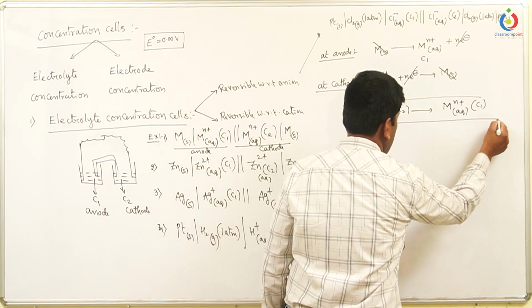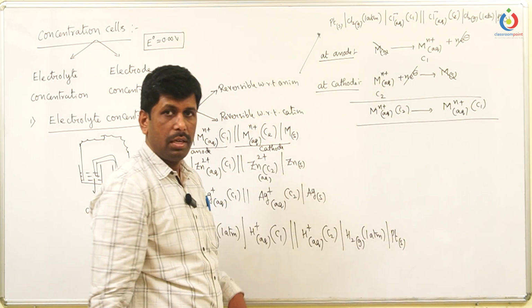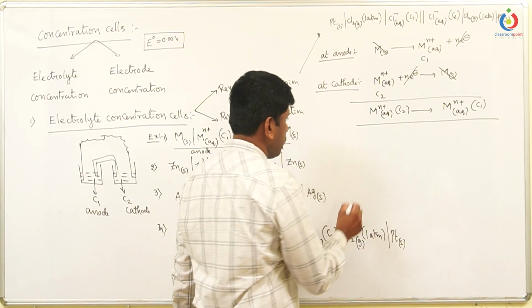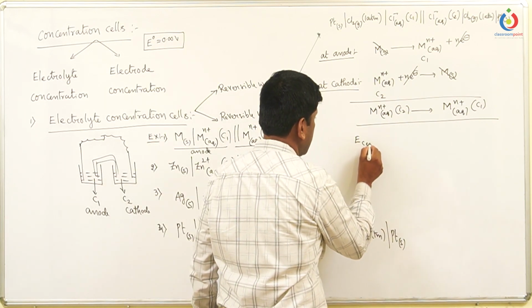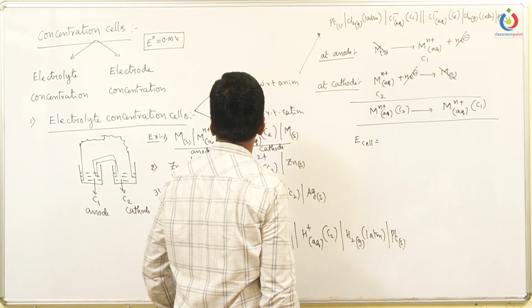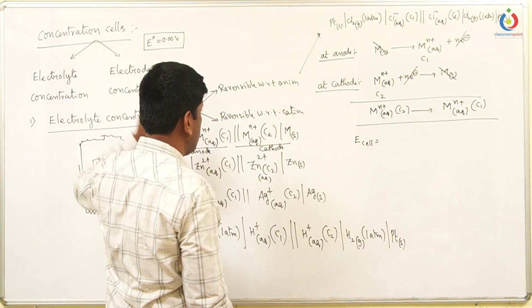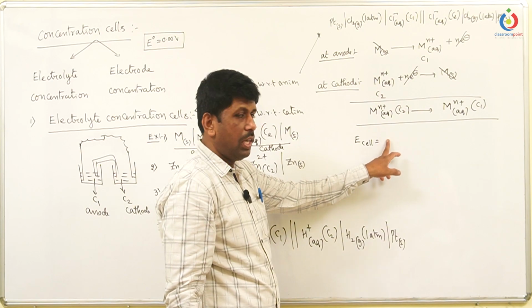So to this, let us try to apply the Nernst equation. When you apply the Nernst equation, E cell I am taking directly. You know that, as I said, E° cell value is equal to 0 for concentration cells. So directly 0 I am taking here.